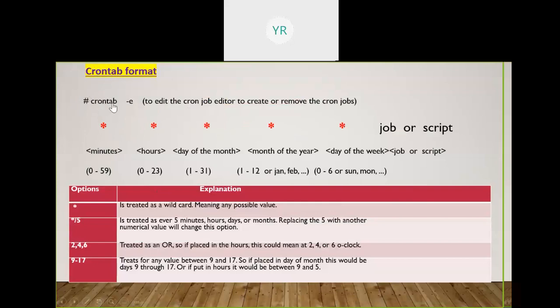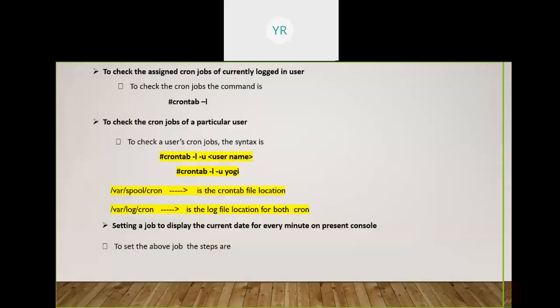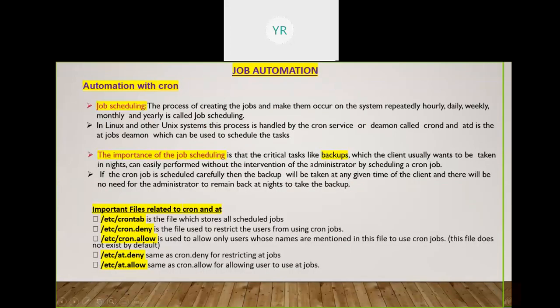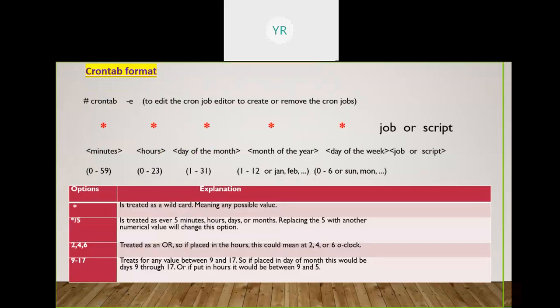If you execute crontab -e to edit the crontab file, the editor will appear like this. You can do it two ways: the first way is using this command, the second way is to edit the file using vim. I will show you that also. In this location you have that file, so you can edit it there. The file is /etc/crontab.